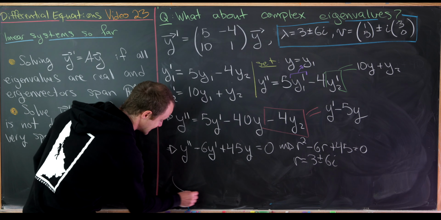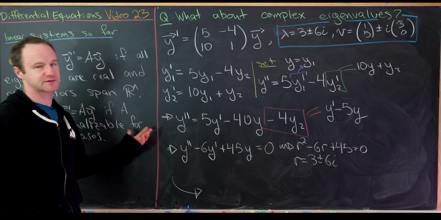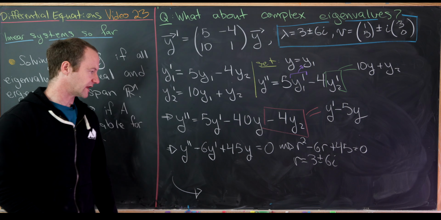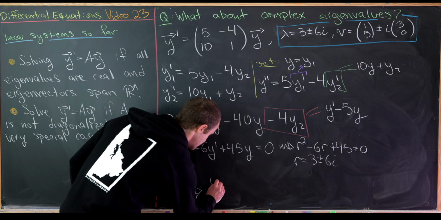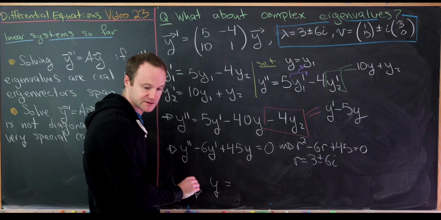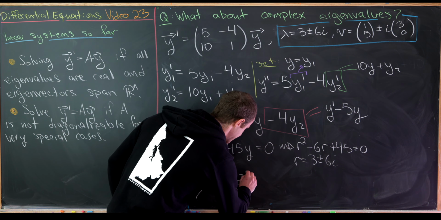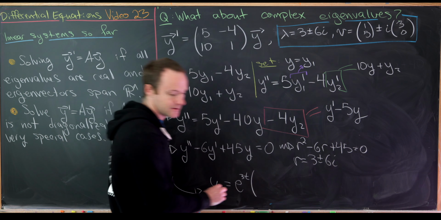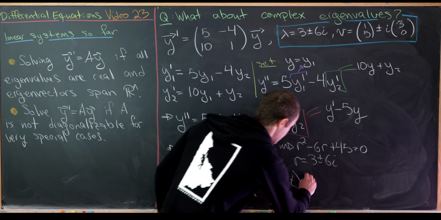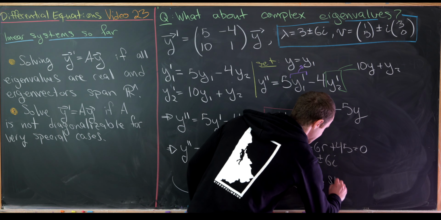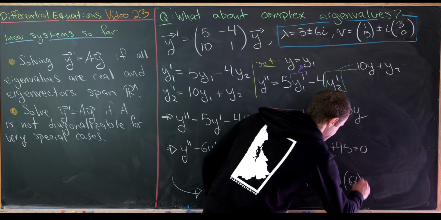But putting all that together, along with our techniques from solving second order linear differential equations with constant coefficients, we know that our solution is y equals e to the 3t times (c1 cosine 6t plus c2 sine 6t).